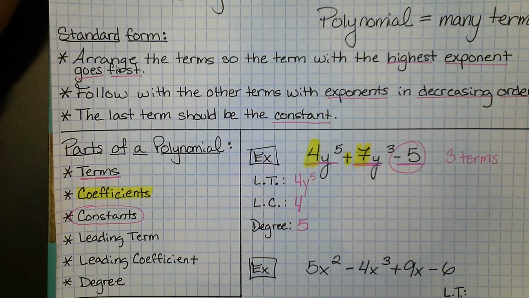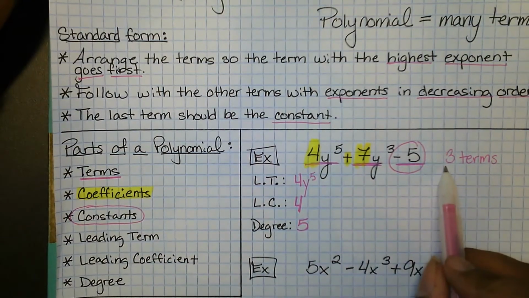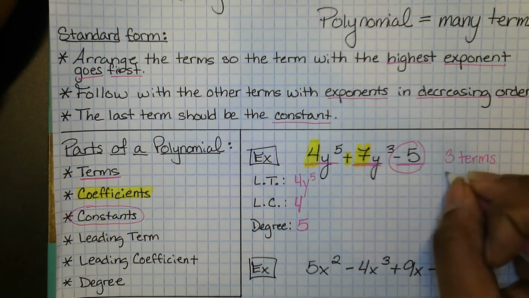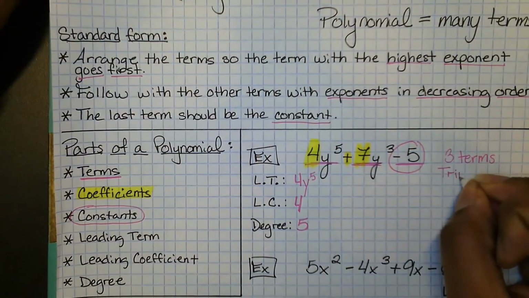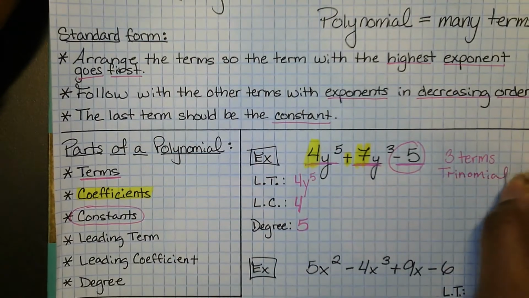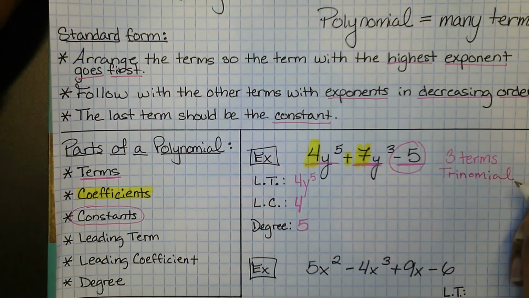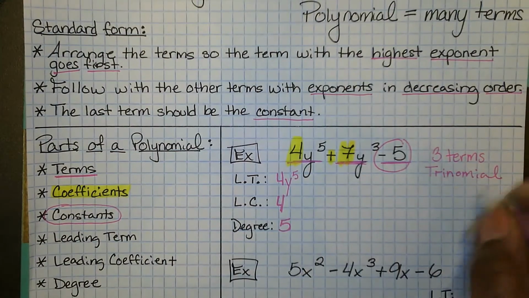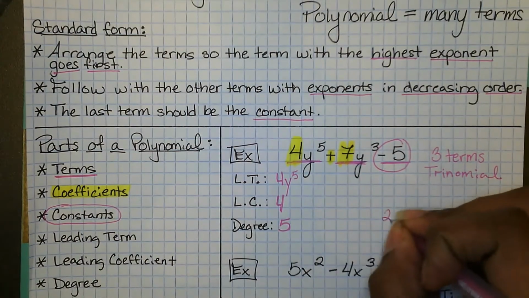Okay, so a few things to talk about since we've worked through one example and talked about the different parts. Now, this polynomial has 3 terms. This is known as a trinomial. A few other polynomials with special names are the ones that have 2 terms.